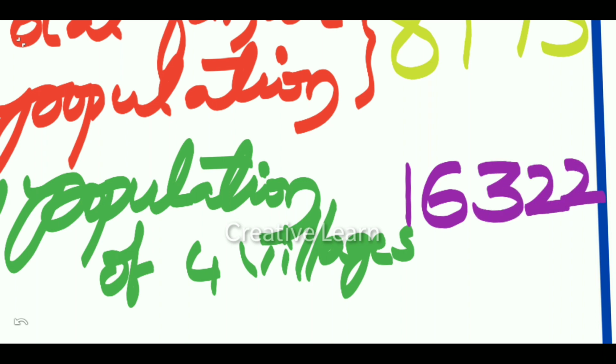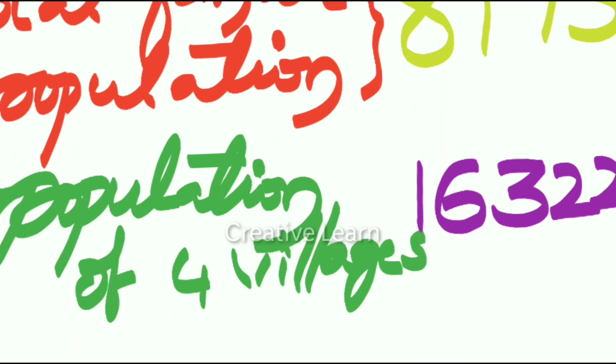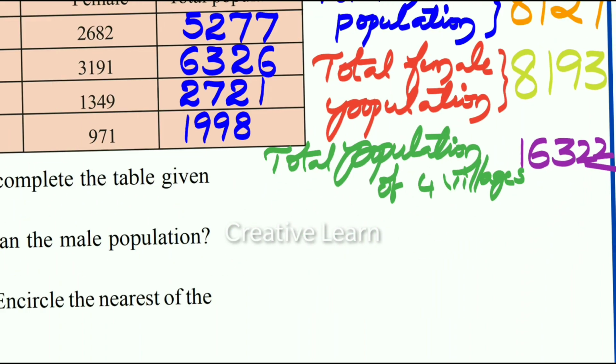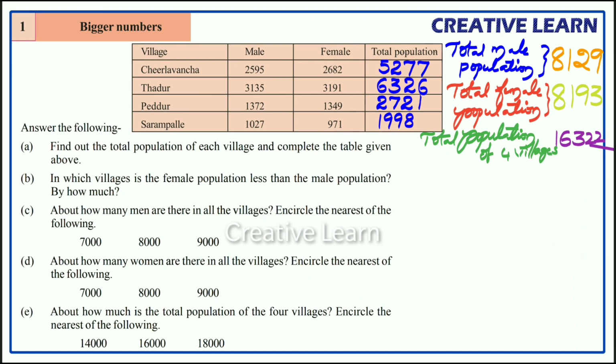This is the total population of 4 villages. Total male population 8129, total female population 8193, and total population of 4 villages 16,322. Okay, now the first question is completed.